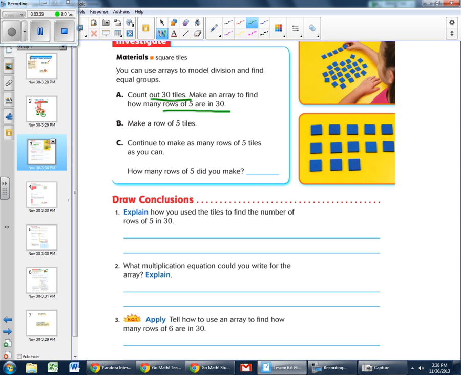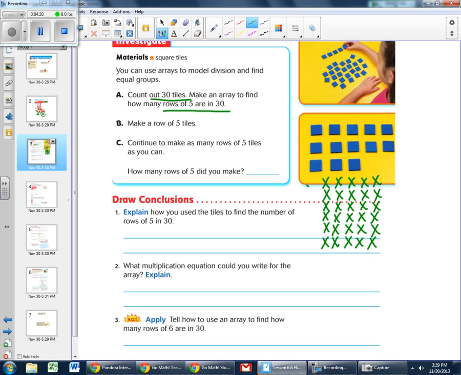Again, I'm going to draw mine, and I think it's a good strategy for you to use, even in the lab. I'm going to make rows of 5 in 30, so I'm making groups of 5. 1, 2, 3, 4, 5, 6, 7, 8, 9, 10, up through 30. I made a row of 5 tiles.